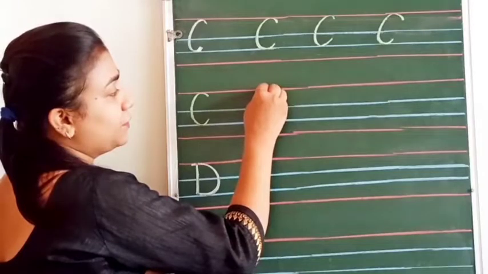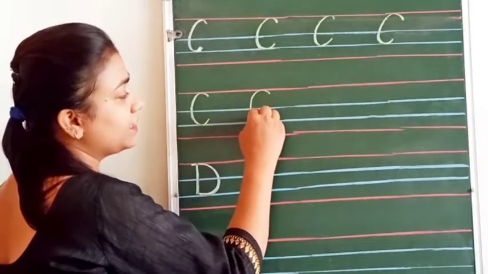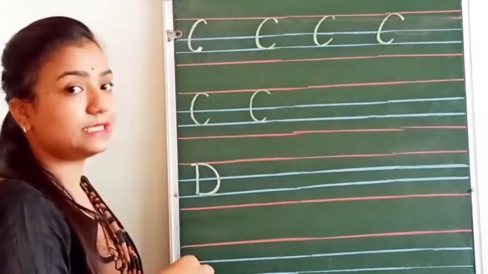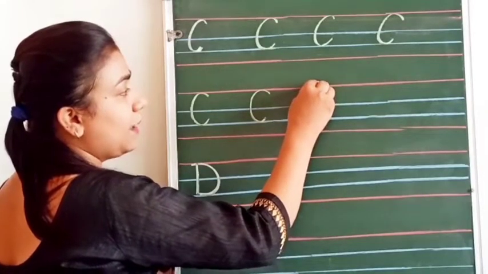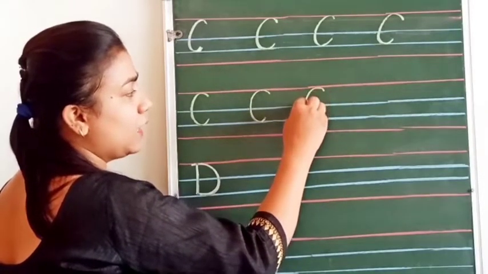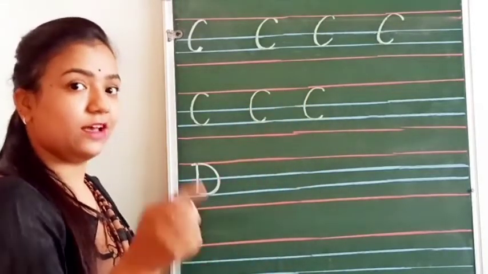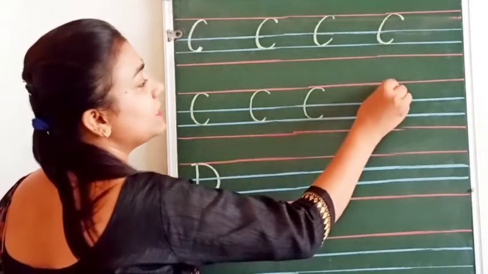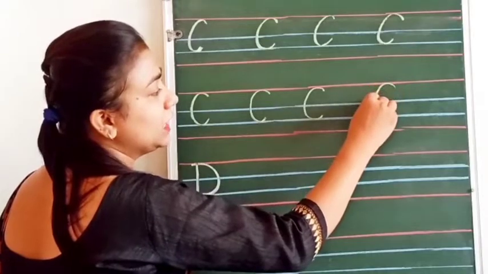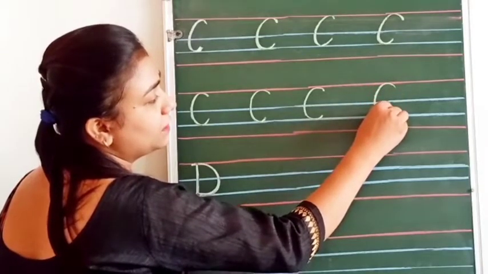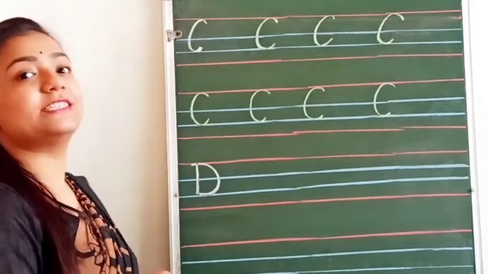Start from the 1st line, make a curve, come down, touch the 3rd line. This is letter C. Again, starting from the top, make the curve, come down and touch the 3rd line. This is letter C.